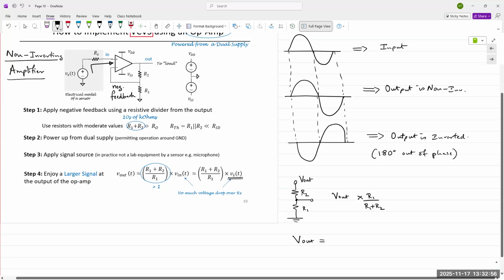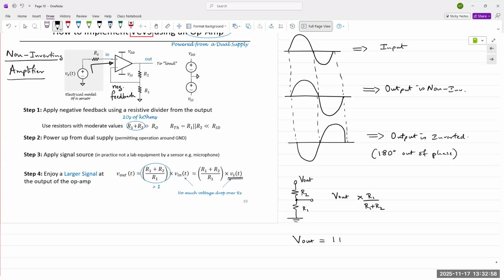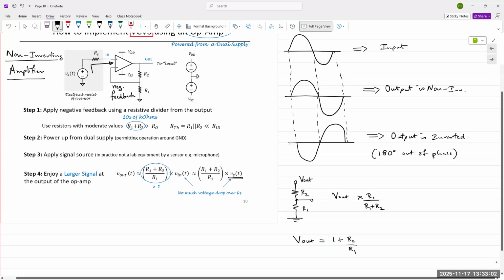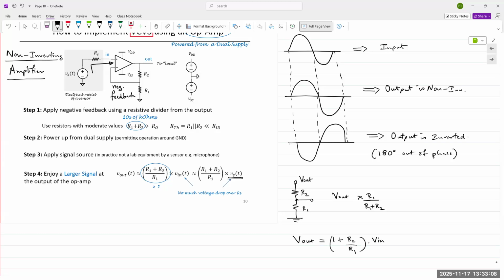So if you're reading a textbook, you'll see this: 1 plus R2 over R1 times Vin. Okay, 1 plus R2 over R1 times Vin. So then let's see how we arrive at this expression.